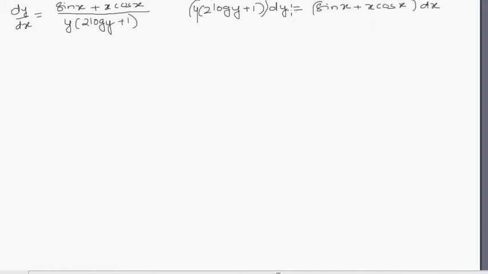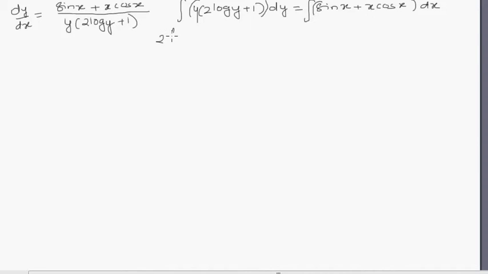Now what you can do is integrate on both sides. It might get a little messy, but very straightforward. So let's give it a try. Here, 2 is a constant, so it comes out.